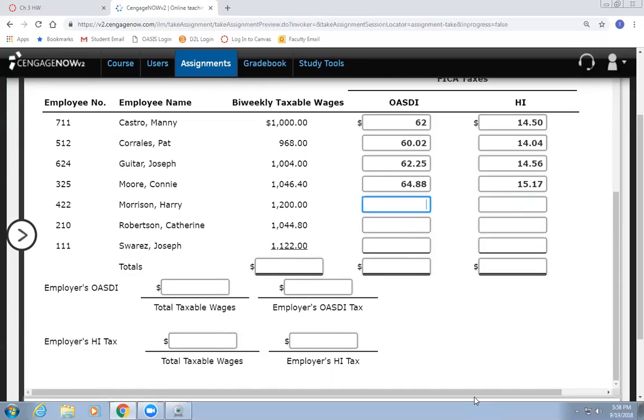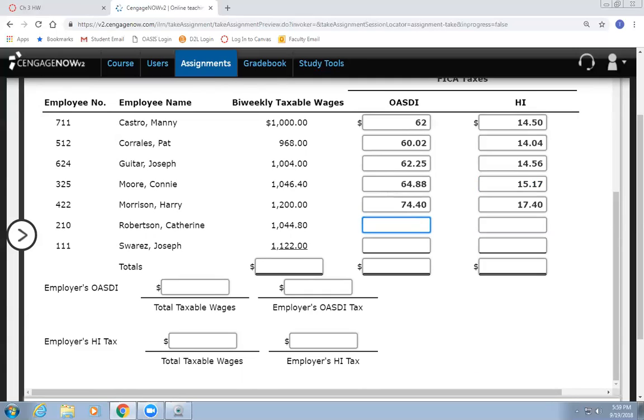Moving to Harry, his taxable wages are $1,200, so his Social Security is $74.40, and Medicare is $17.40. Then we have Catherine. Her taxable wages are $1,044.80.